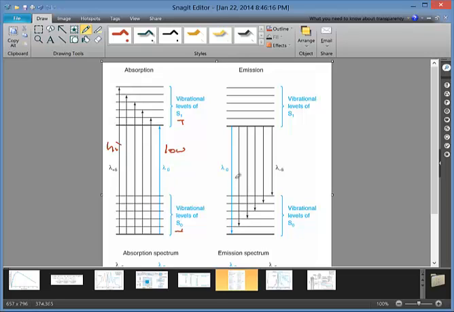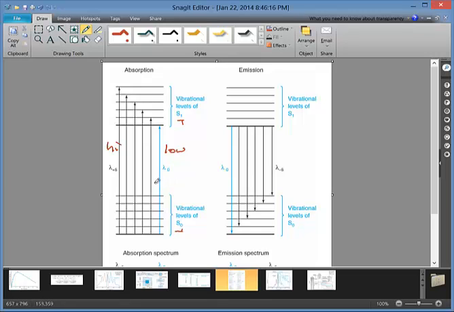Now, notice for an emission spectrum, what we've actually done is excited our sample so that we have electrons already in an excited state, and those electrons then decay giving off energy, and drop down into the vibrational modes of the ground state.